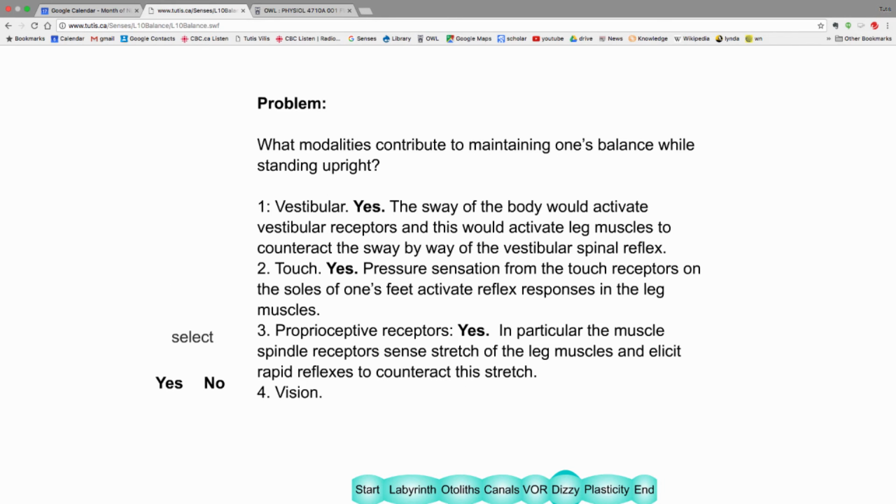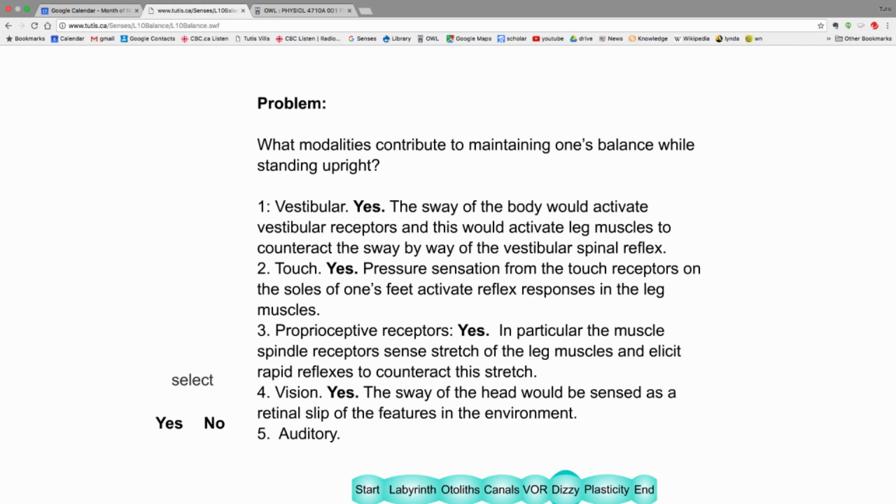Okay. Vision. We saw that vision helps as well, and in some cases, the auditory system. If there's something that's a cue of a stationary object, you might use that as a cue to maintain your balance.